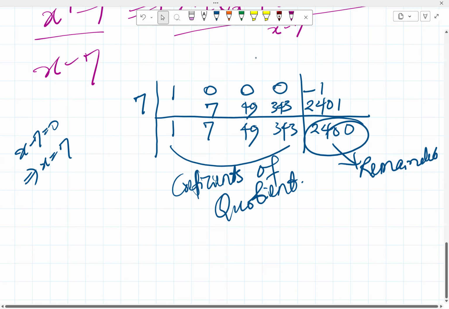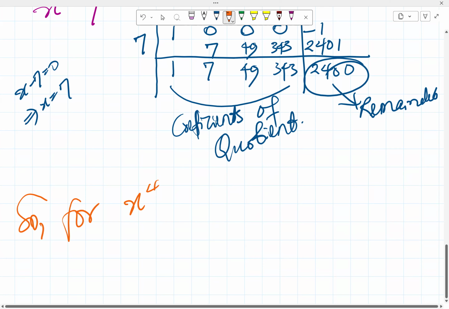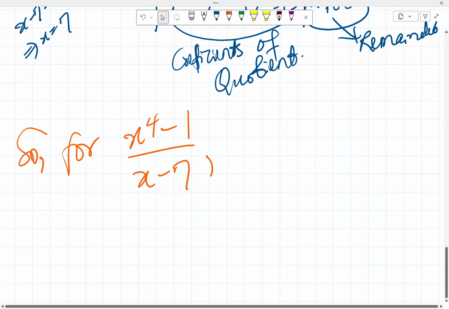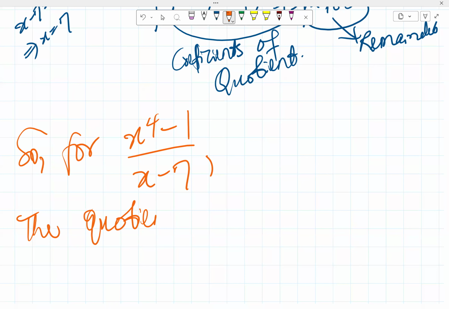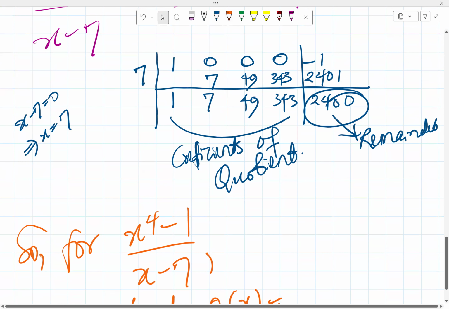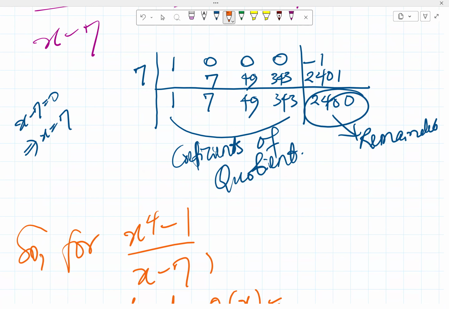So we can say that for x raised to power 4 minus 1 all over x minus 7, the quotient Q of x is all those values. So that is, starting from the back, 343 constant, 49x, 7x squared, then x cubed.